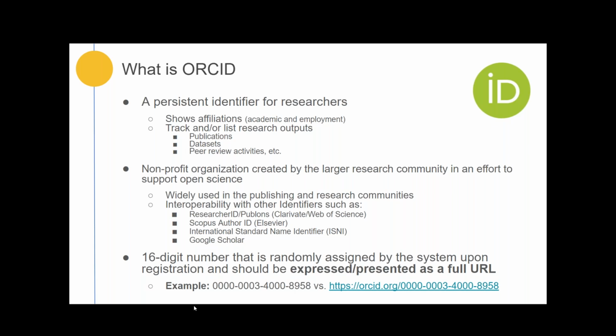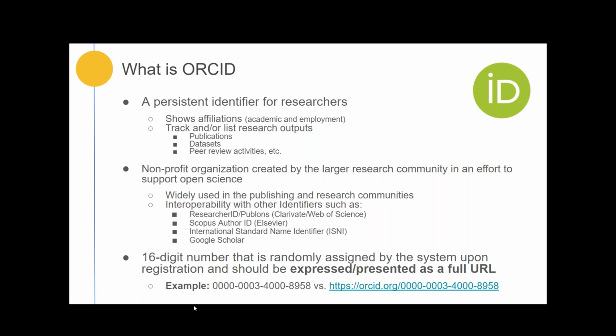You can even list funding sources in your ORCID. ORCID as a company is a nonprofit organization that was created by the larger research community to support open science across the board.